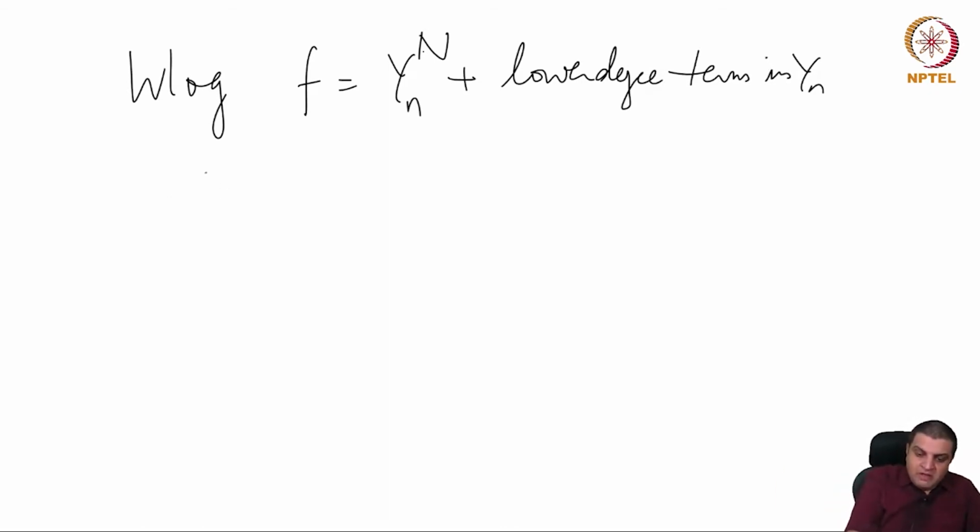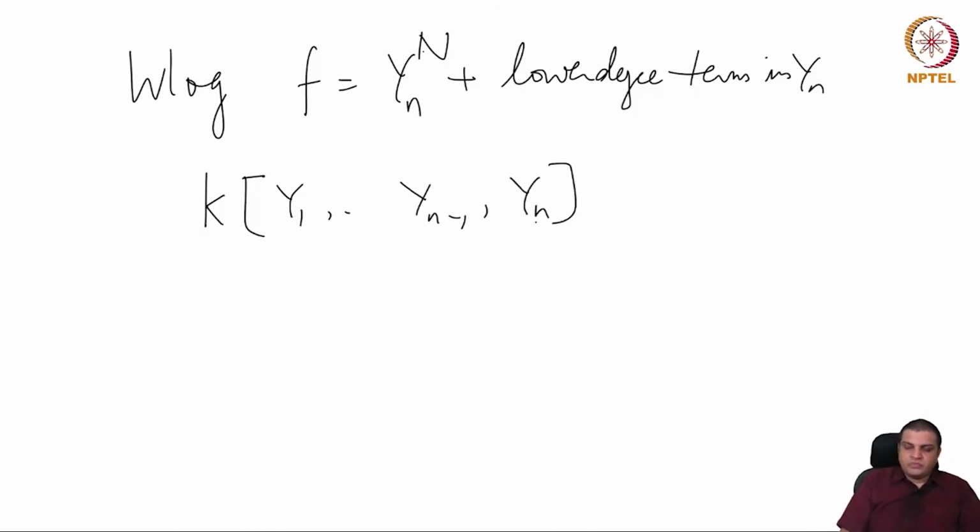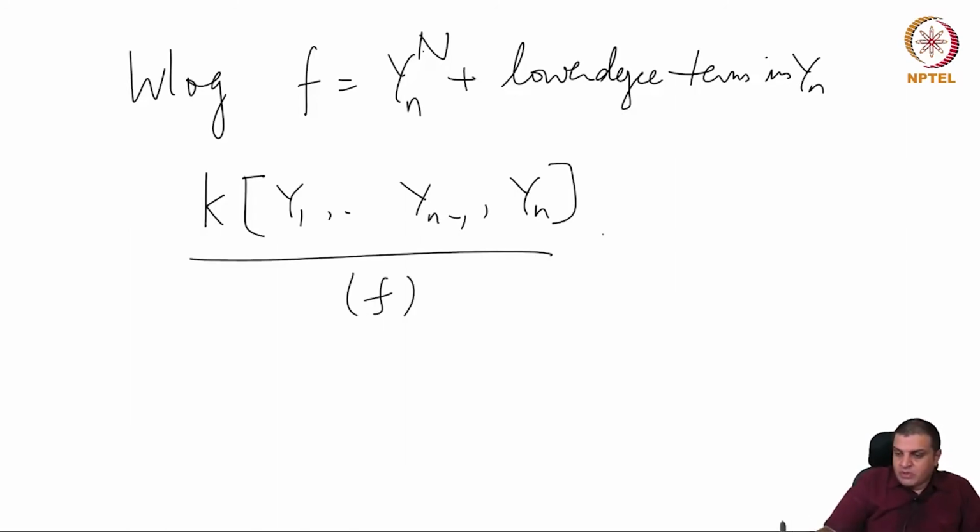So what do we have? We have k[y_1 through y_{n-1}, y_n]. Now we may as well drop the star in the notation and call them y_1 through y_n, and modulo this f, this surjects onto R.